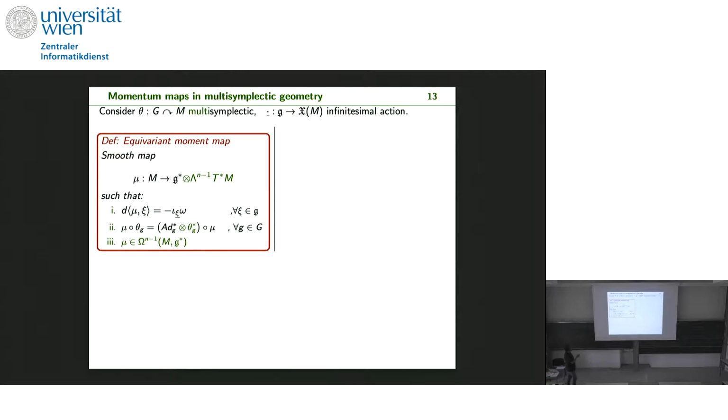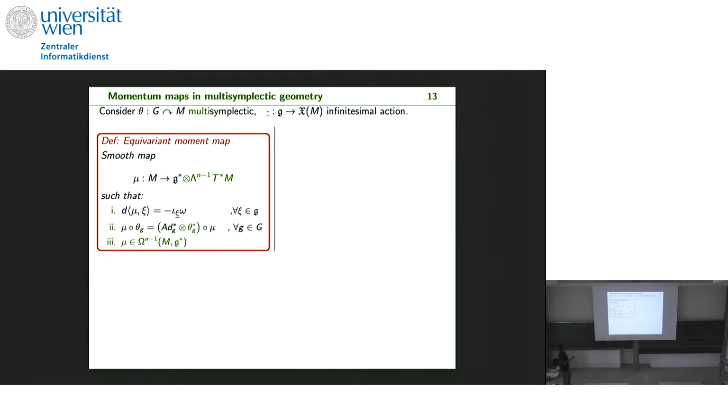We need to add this piece in order to save this equation, because if I want this equation to make sense now, I need to have something that is valued in n-1 differential forms. So out of this modification, because we want to keep this equation, we try to modify the other condition to have something that makes sense.